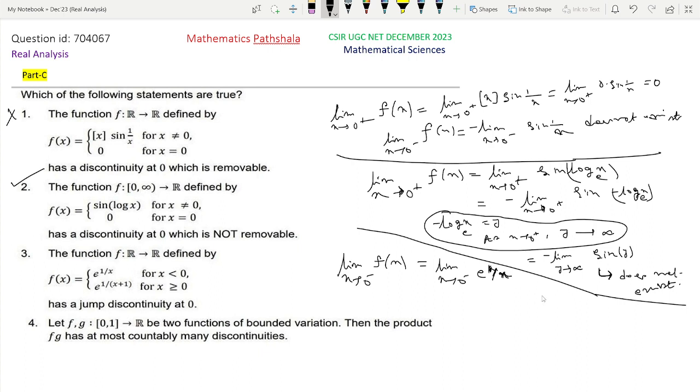As x tends to 0 minus, this 1 by x tends to minus infinity, right?